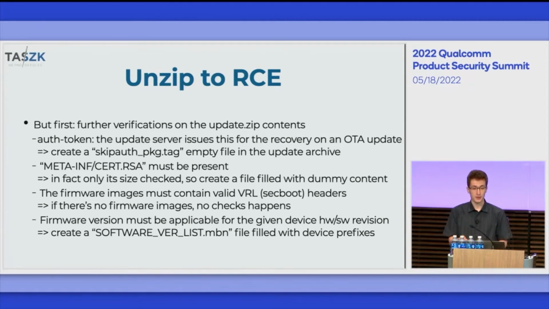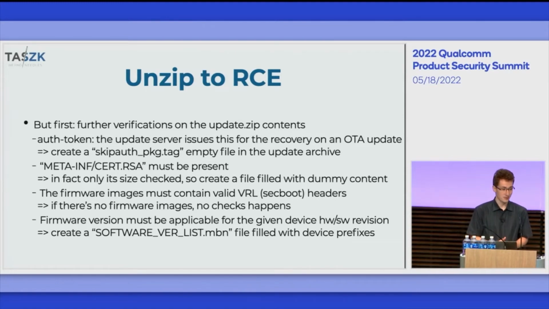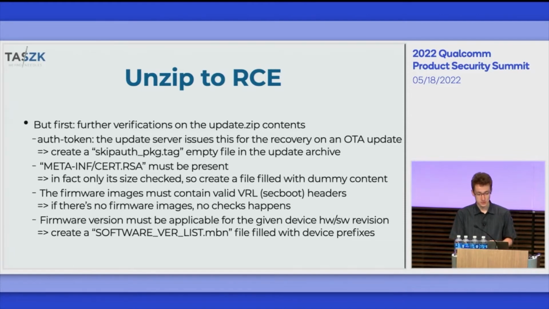It issues this token, which gets verified in the update binary, in the recovery. And fortunately for us, there's an extra tag, the skip out package tag, which if it's present in the archive, this check can be omitted. So all of these checks can be bypassed at the end of the day, and we arrive at code execution.